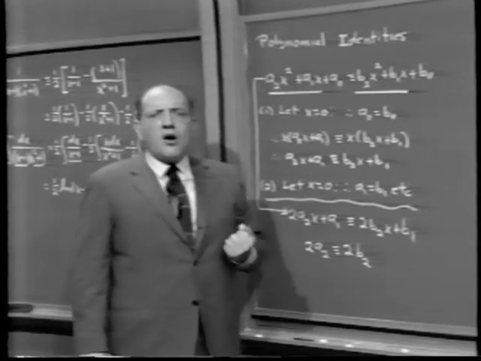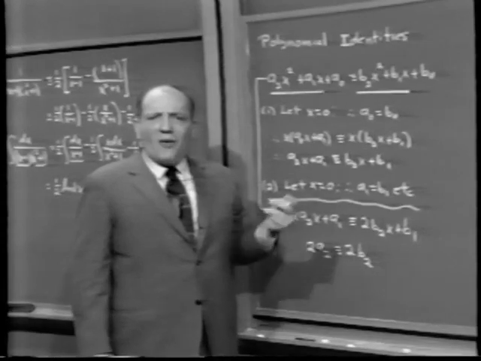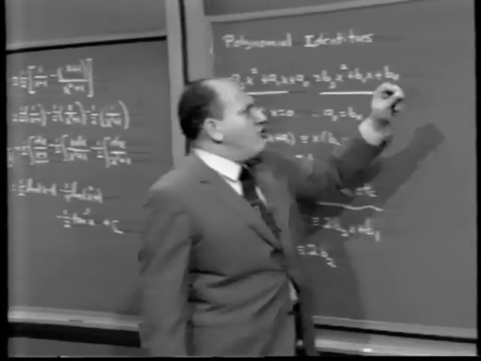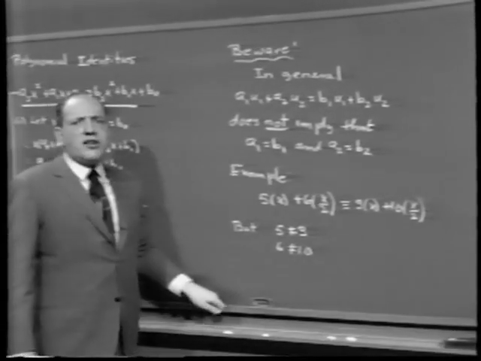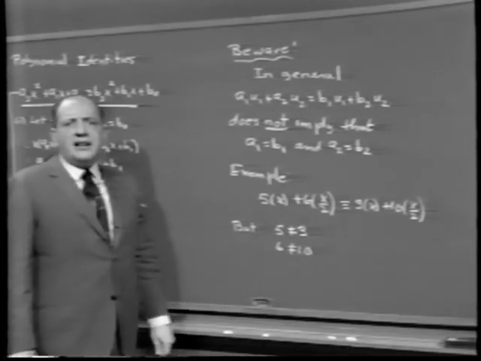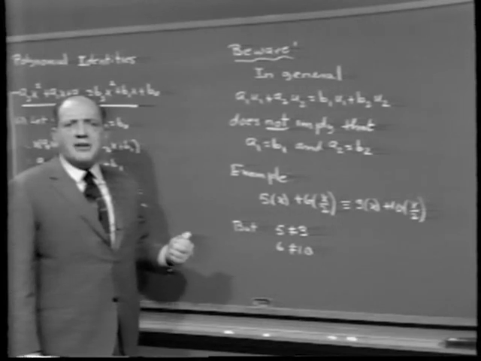Now you may wonder, why are we making all of this ado over such what appears to be a very obvious thing? And I would like to give you a caution here. I'd like you to beware of something. It's something which works very nicely for polynomials, but doesn't always have to work all the time. In fact, later, when one studies differential equations, this becomes a very important concept, which later gets the name linear dependence and linear independence.